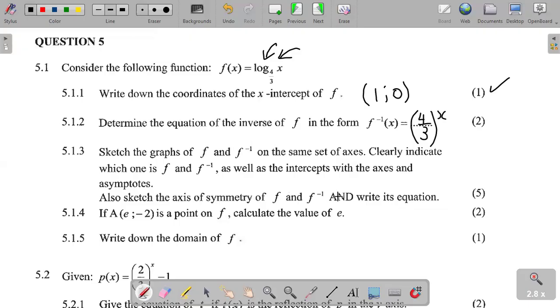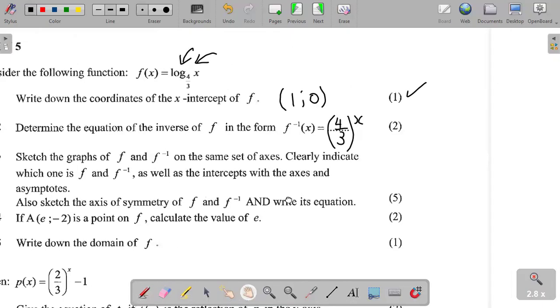So both of these graphs are going to cut at 1, isn't it? When x is 1, y is 0. 5.1.3.